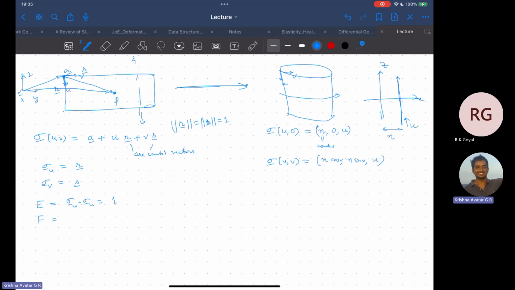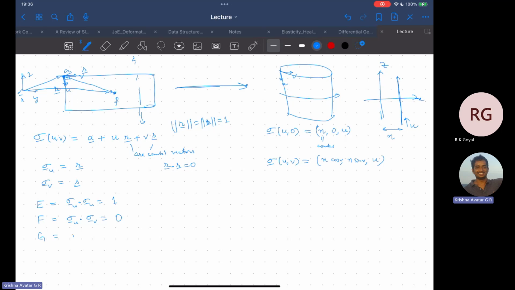F is equal to sigma u dot sigma v, and we also recall that we are looking at the corners of this rectangle. These r and s are unit vectors along the edges of this rectangle, and you know that edges are always perpendicular, because of which r dot s is going to be 0.